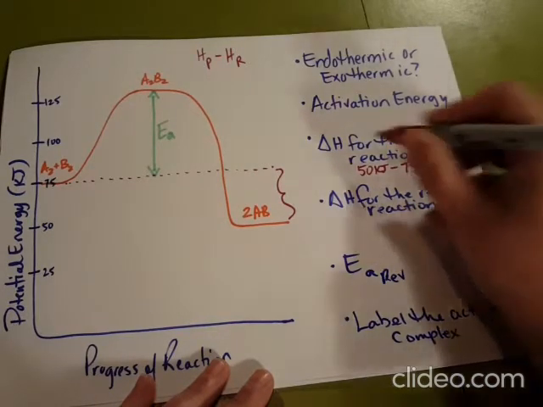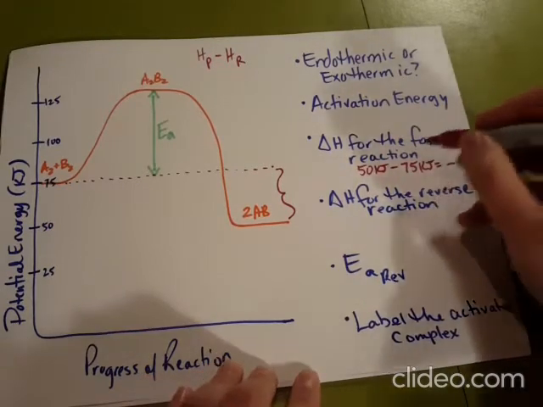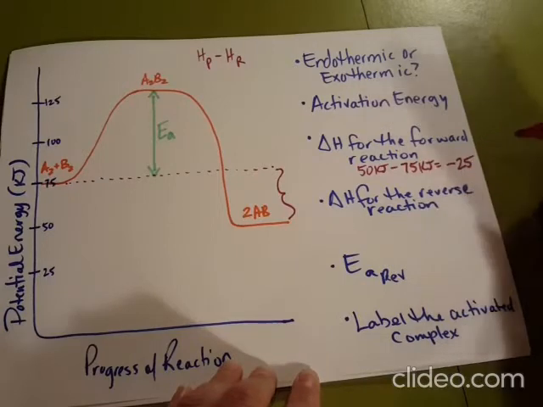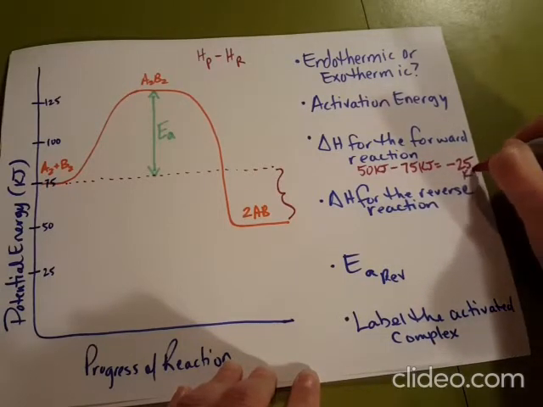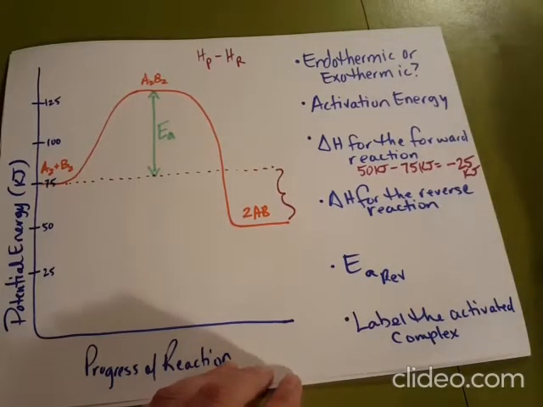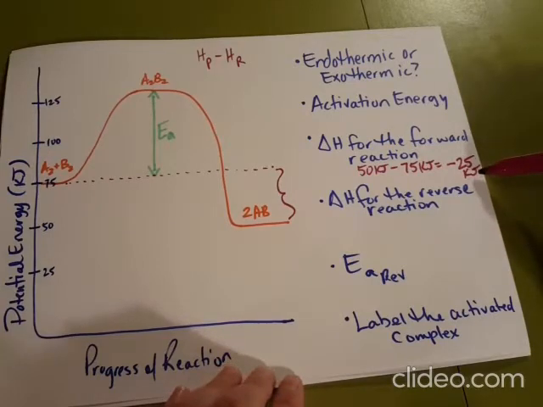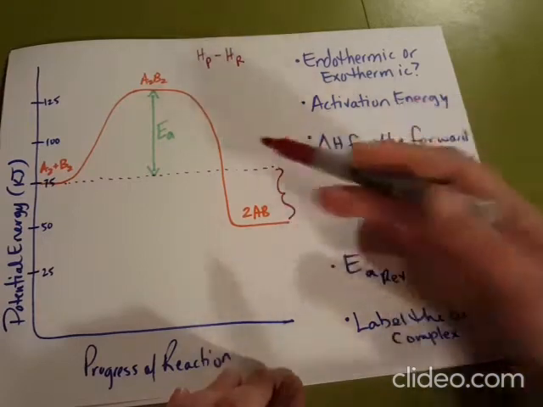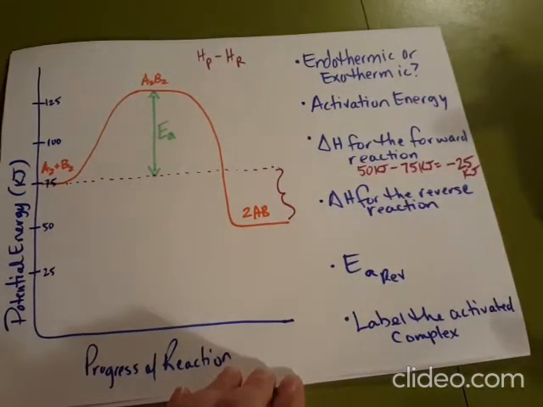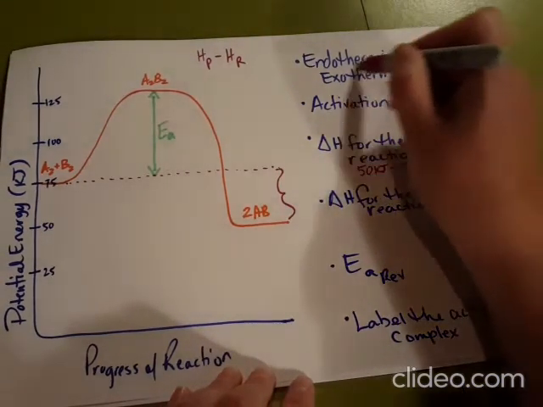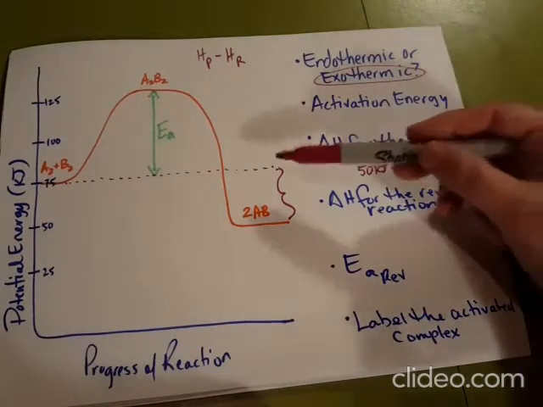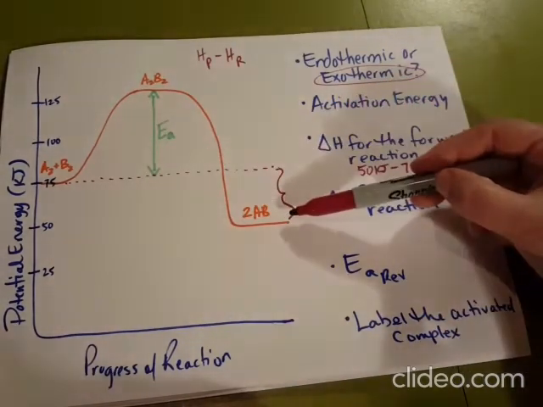And so the total change in heat would be negative 25 kilojoules for that forward reaction. When we get a negative 25 kilojoules, this means that heat has actually left the system, it has gone out into the environment, and so we would consider this an exothermic reaction, because overall the system has lost heat.